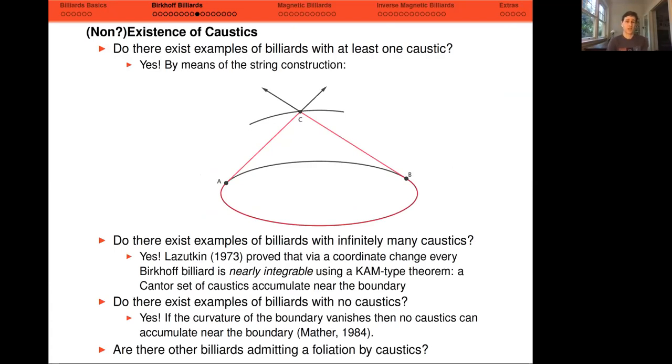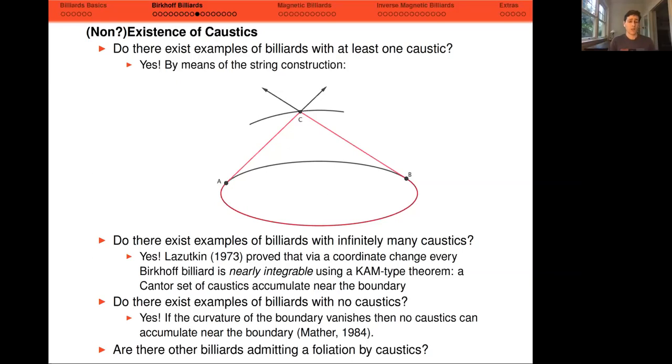There's a classical thing called the string construction, where if you have a convex caustic down here, and you take a string that has a length strictly larger than the length of this caustic, wrap that string around the caustic and pull it taut, then the locus of all the points that you get by dragging that string around without slipping is going to give you a curve that has that given caustic as a caustic for the billiard in that table.